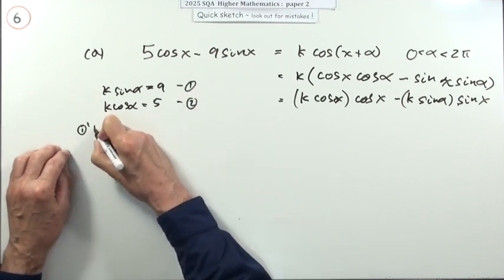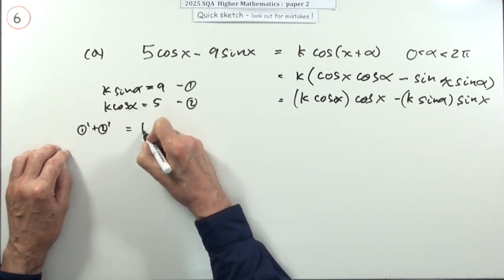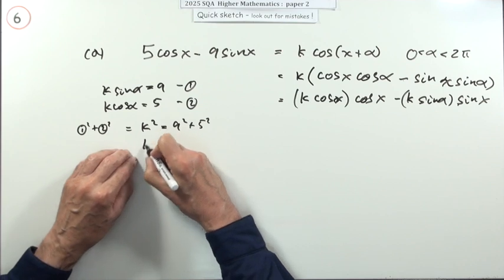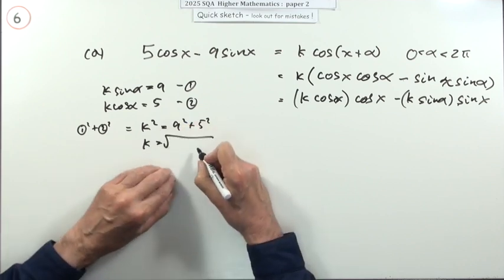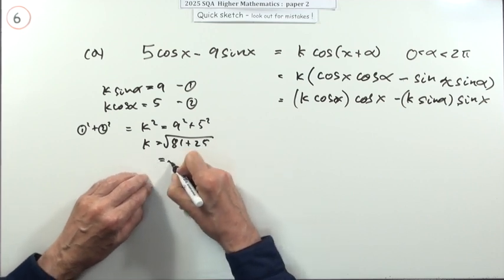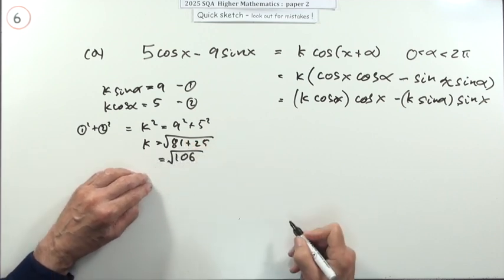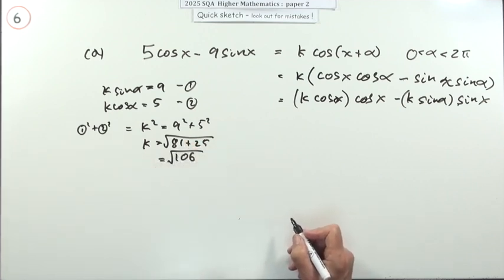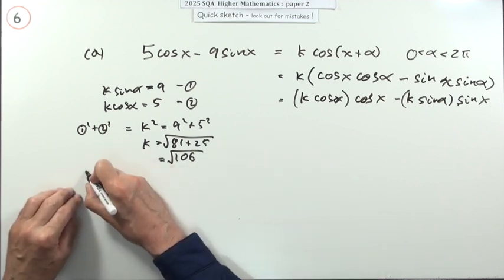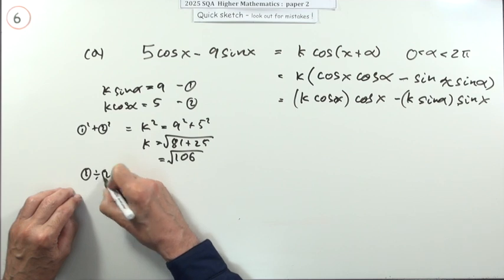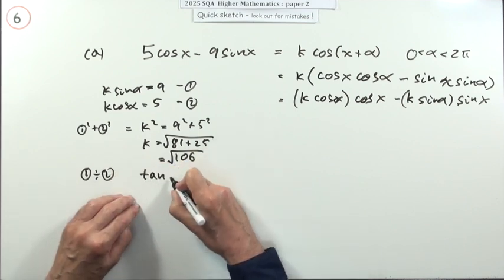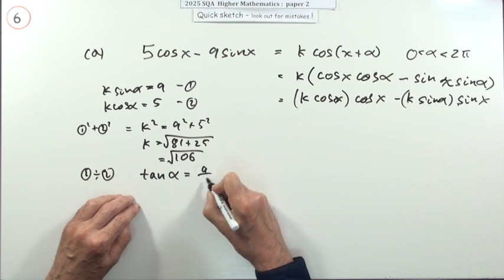If you square and add them, you'll end up with k squared equals 9 squared plus 5 squared. So k will be the square root of that. It's the square root of 81 plus 25, which is 106. So odd one that. If you do equation 1 divided by 2, you'll get tan alpha is 9 upon 5.